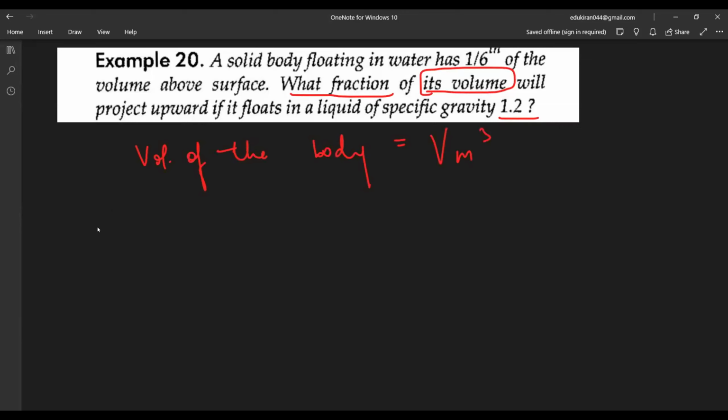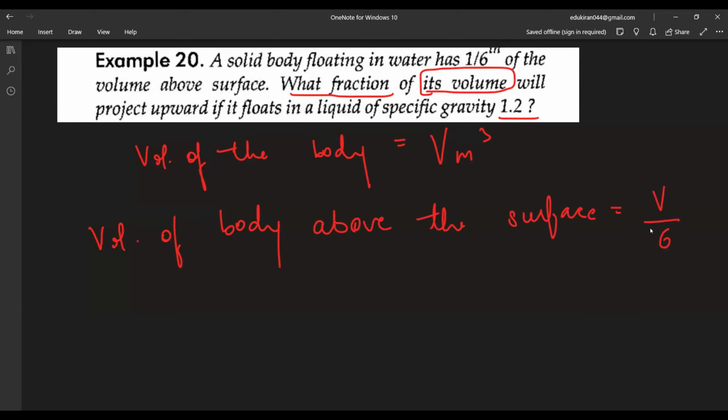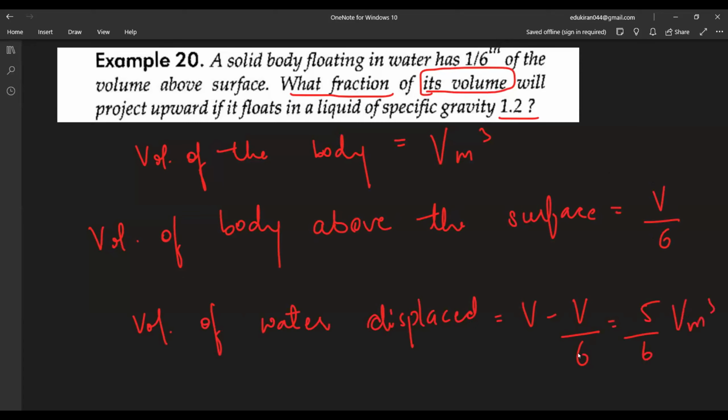The statement says the body floating in water has 1/6 of the volume above the surface, so the volume above the surface is V/6. So how much is displaced? Volume of water displaced is V minus V/6, that is 5/6 V meter cube.